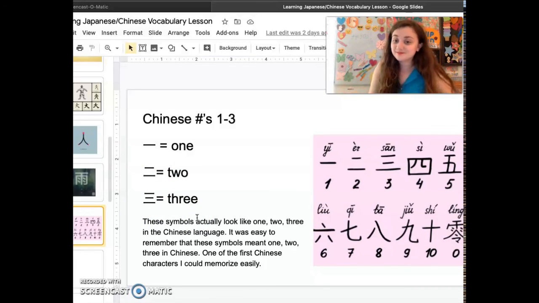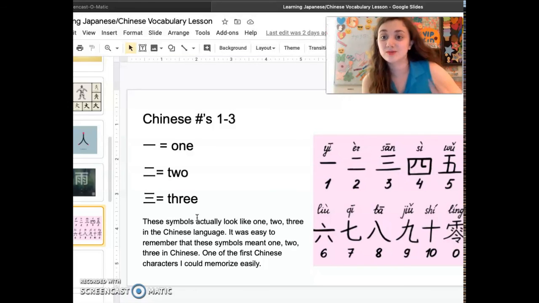So it's super cool. I think that you can look at Chinese and, in this example, look at these 1, 2, 3 and actually see the 1 stroke, 2 strokes, 3 strokes. So it's very interesting how you can look at these images and actually pull out some meaning that makes sense to you.